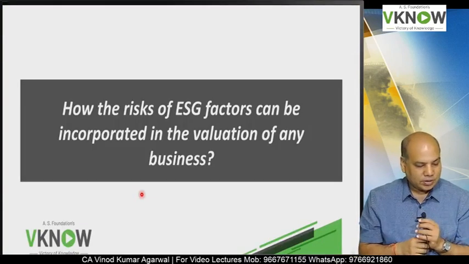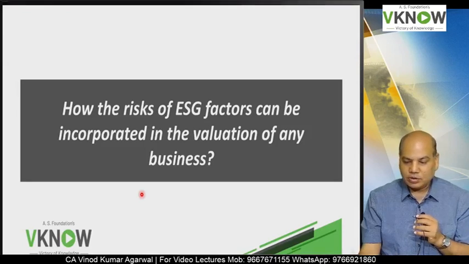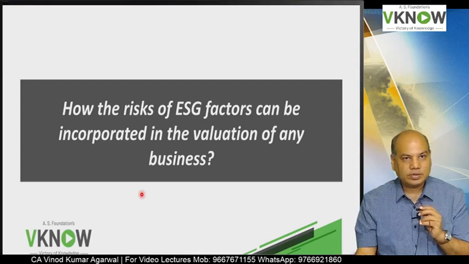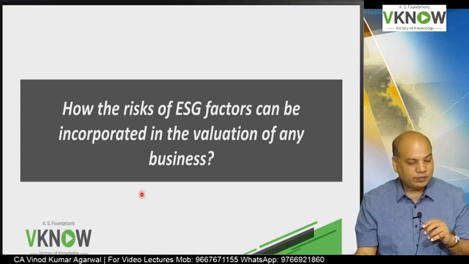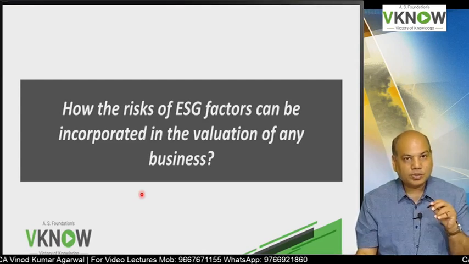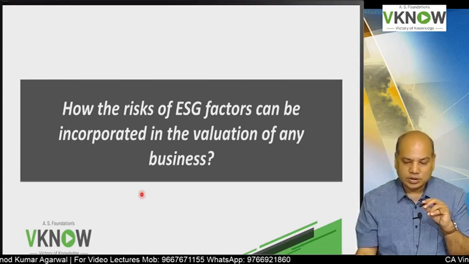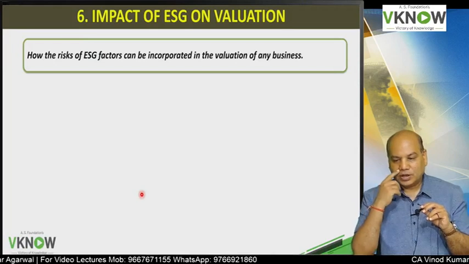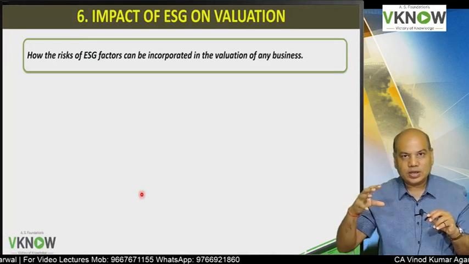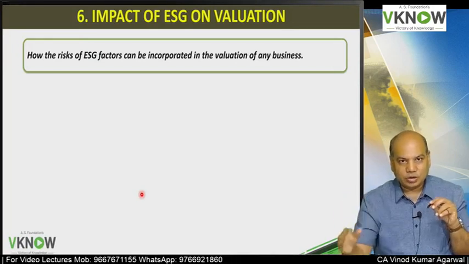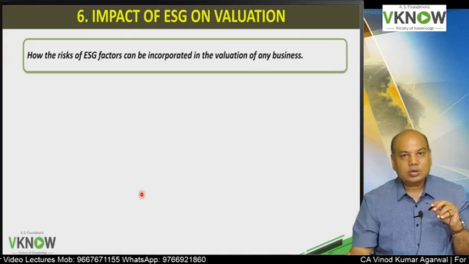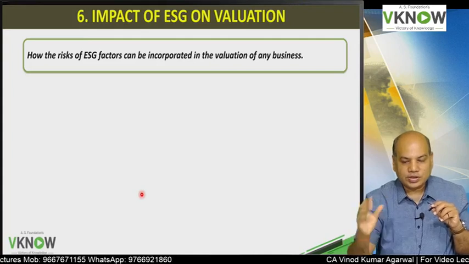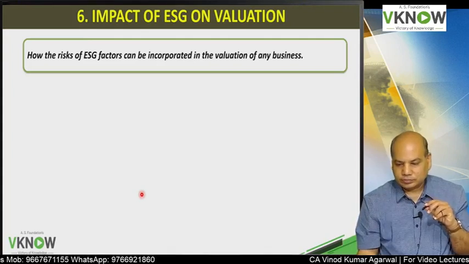Next point, somewhere in your book: how can the risk of ESG factors be incorporated in the valuation of a business? The answer is, if you find that corporates are not fulfilling ESG obligations, either you have to adjust their cash flows or you have to adjust their discount rates.